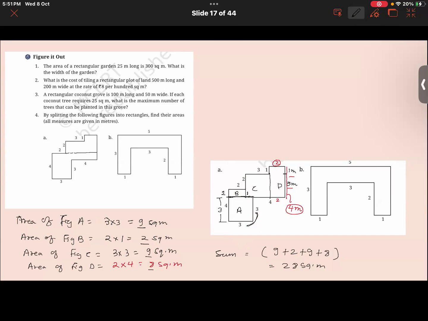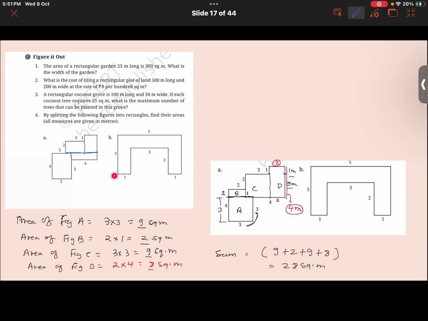Okay Yusuf, let me use a different color. So one line will go like this. The second line will go like that. The third line goes like this. So you see, I have done a different construction here. In this manner also it could have been solved.